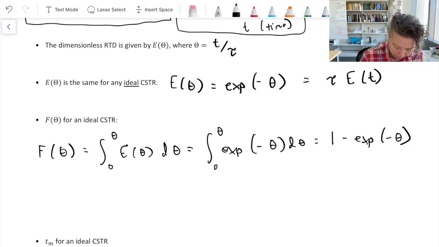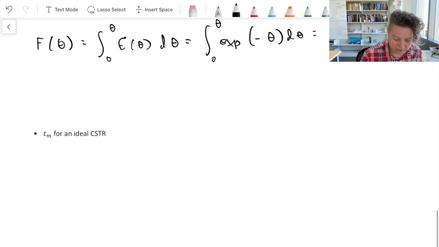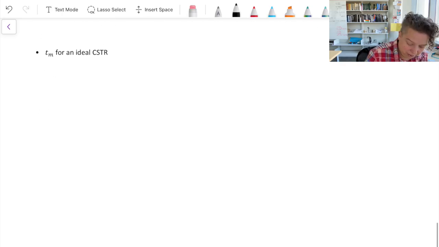The other thing that we want to do, and we know what the answer is going to be, is determine the mean residence time for our ideal CSTR, and spoiler alert, it's equal to tau. But we can prove that by writing the formula for mean residence time.